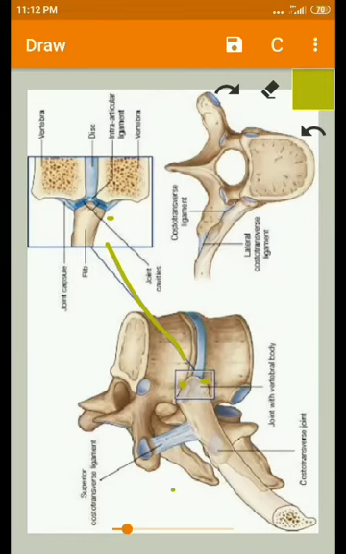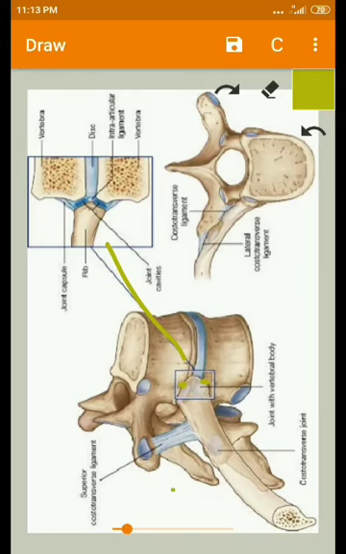Each joint is covered with a capsule. What is that? Fibrous capsule. This capsule covers the joint and it is attached to the articular margins. Inside the joint, one intra-articular ligament is present.